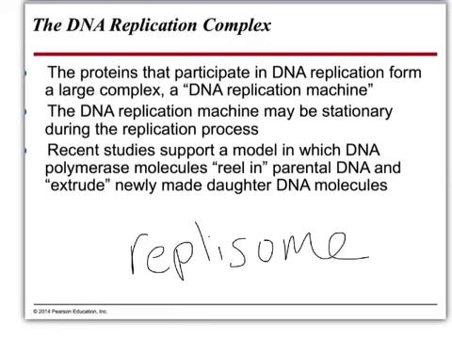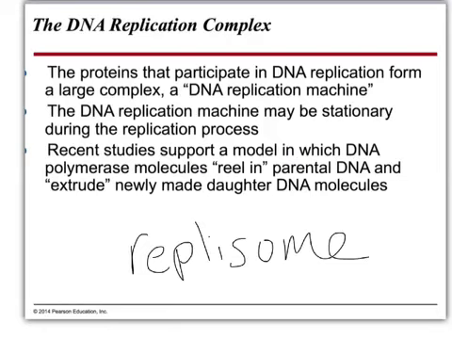All right? And there's an updated model about how this occurs, where basically DNA is pulled into the replisome and sort of pulled through. Kind of like 2 strands of a rope that you pull through a pulley system and separate the strands apart.